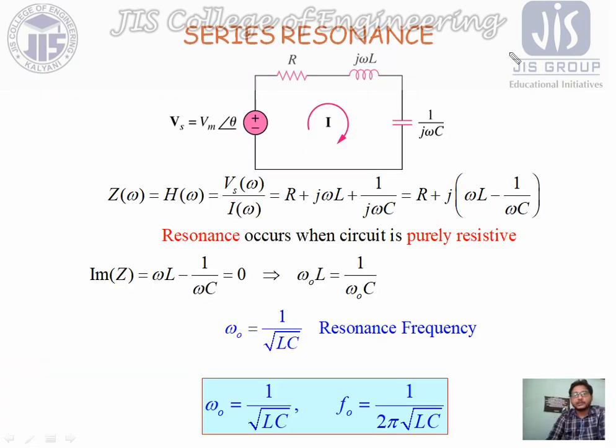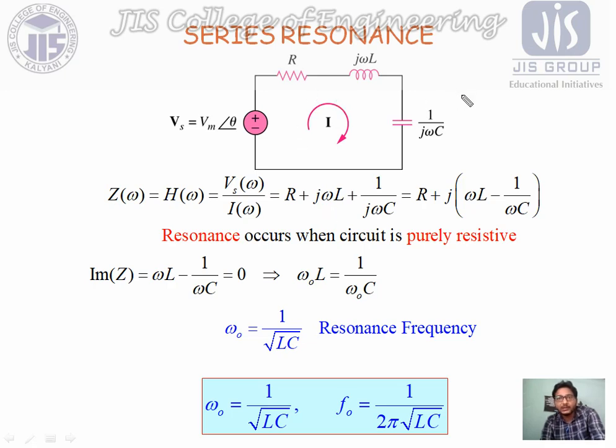Okay, now for the series resonance condition, the series resonance circuit, the simple RLC are connected in such a way, and a voltage source is given over here. Now if we want to find the impedance, we know Z is equal to V by I. We can get this by using KVL also.